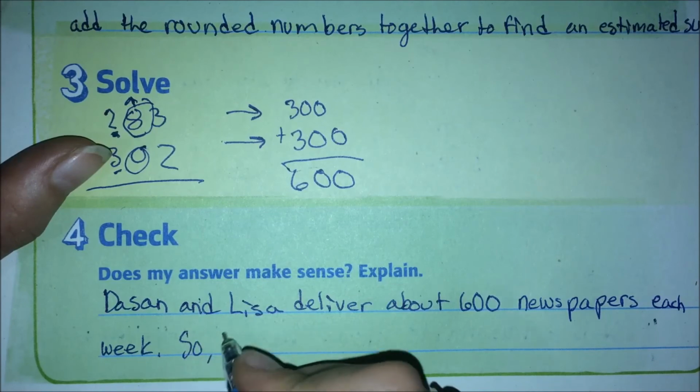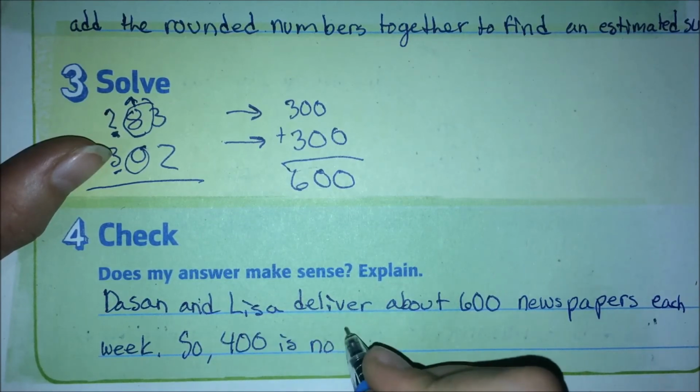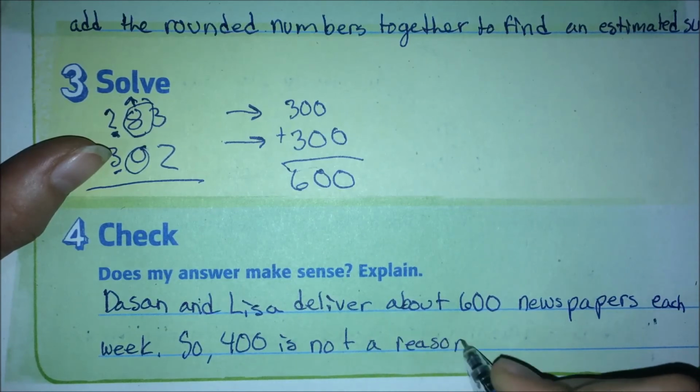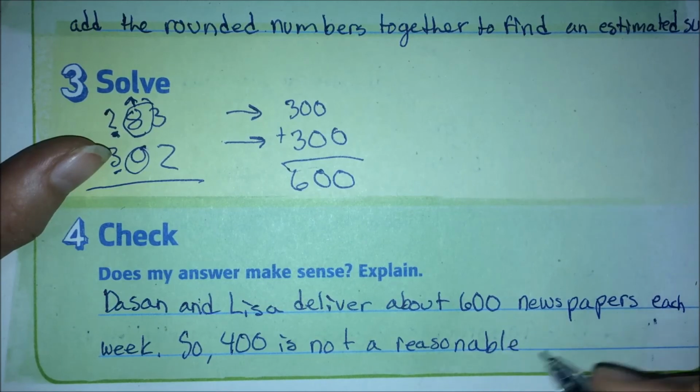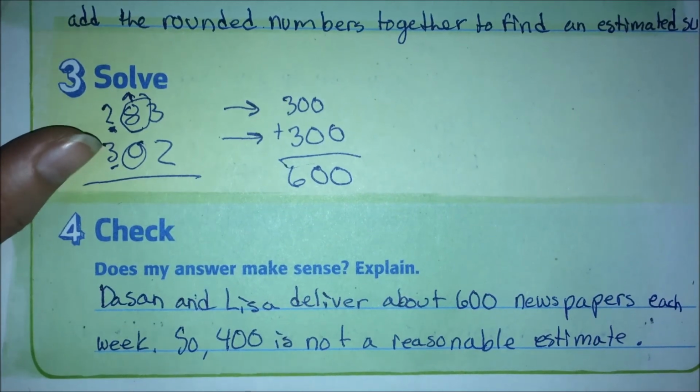So 400 is not a reasonable estimate. All right, there we go.